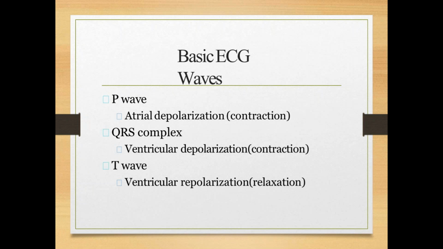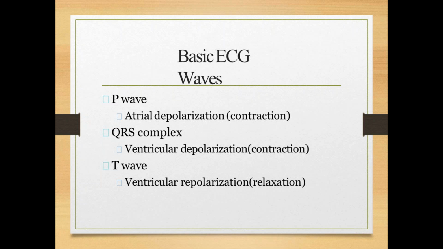P wave is the atrial depolarization. So the P wave in the ECG refers to atrial contraction. Then we have the QRS complex, which is the ventricular depolarization or ventricular contraction. Then we have the T wave, that is ventricular repolarization or ventricular relaxation.